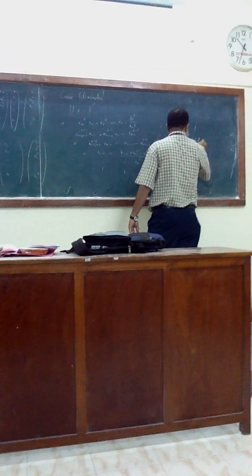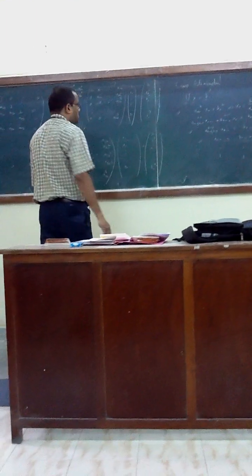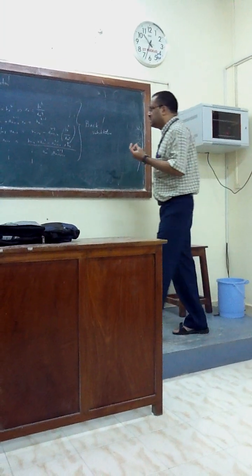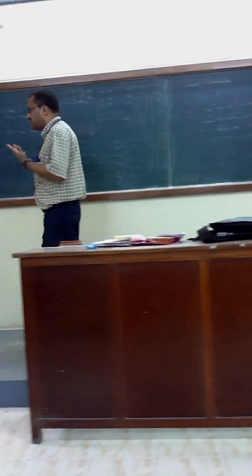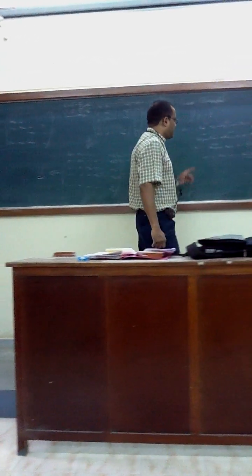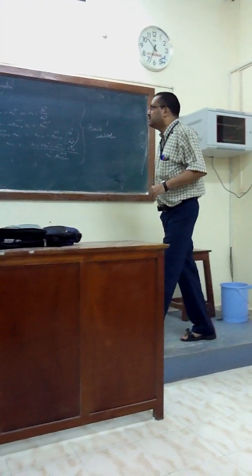This technique is called as back substitution technique. And what you got, similarly, the same thing will be. So that is the way you can evaluate x1 to xn. Right? This is the way you can evaluate x1 to xn.